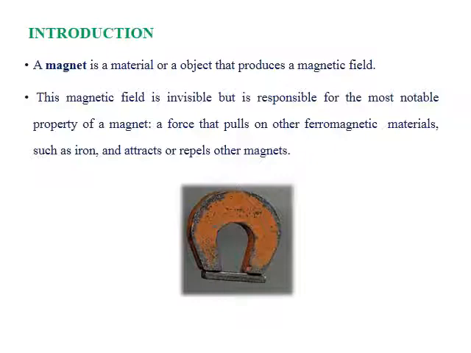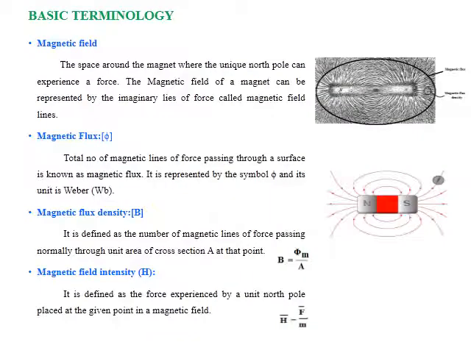And these magnets have the capability of attracting other kinds of magnetic materials, and these magnetic materials are understood by different basic terms. Now let us see the basic terms we use for explanation of magnetic property.